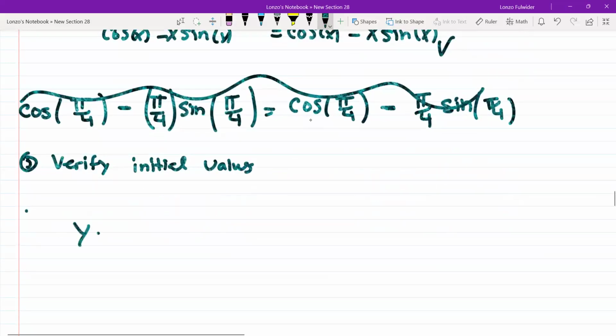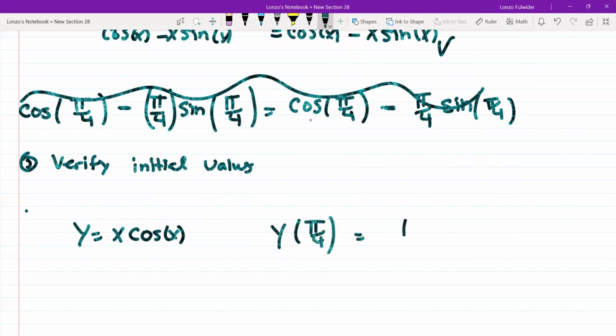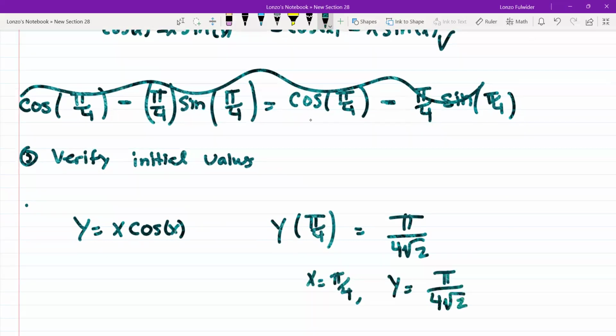So if y equals x times cosine of x, and we have the condition y of pi fourth equals pi over 4 radical 2, that means pi over 4 is your x, and your y is pi over 4 radical 2.